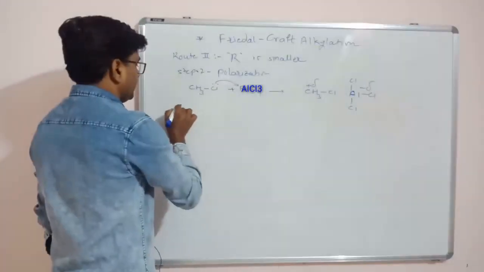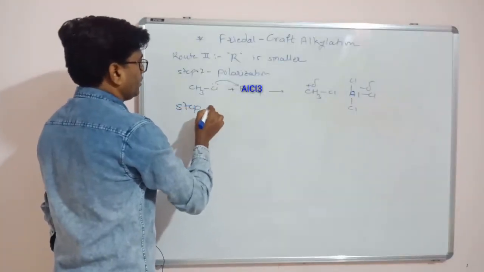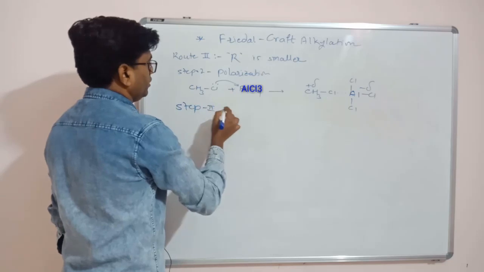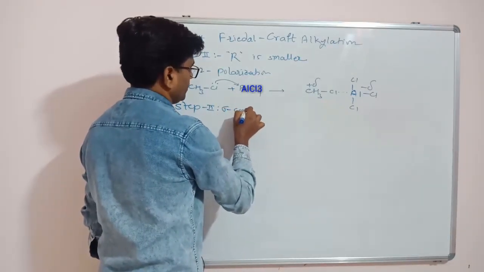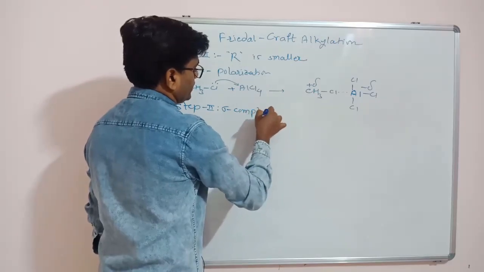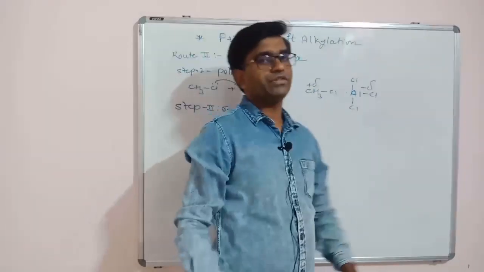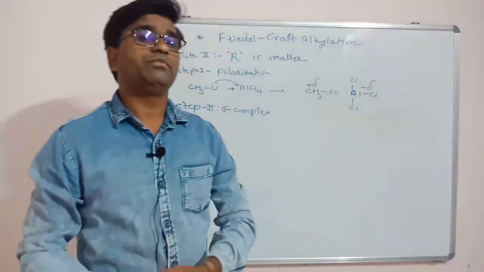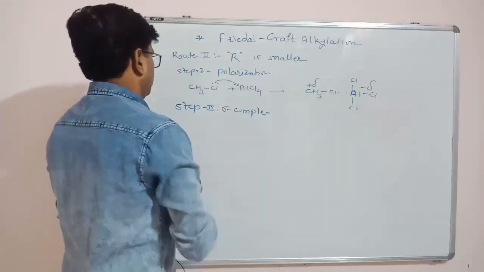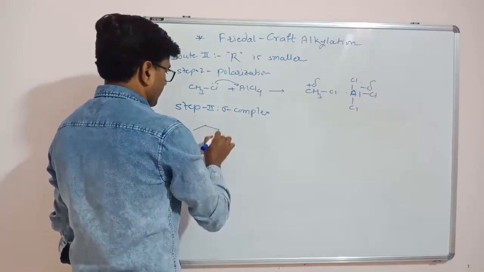So second step is attack of electrophile, or formation of arenium ion, or formation of sigma complex. So second step is sigma complex formation, you can say arenium ion formation or electrophilic attack of the benzene ring. This is our benzene ring.